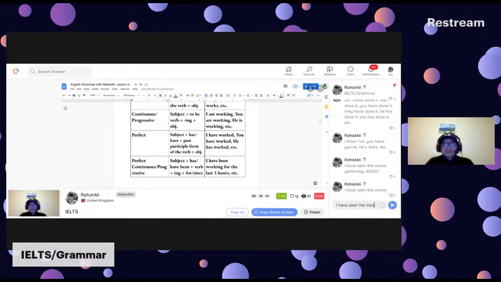"I've seen the movie in 2015" is incorrect. And the reason is that the time frame 2015 is a past time. So we should use, and we must use in this case, "I saw the movie" or "I watched it." I saw the movie in 2015.